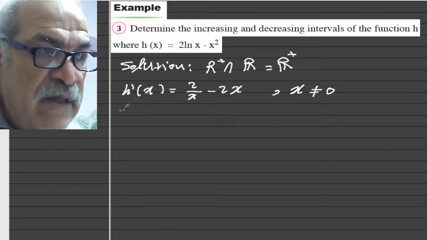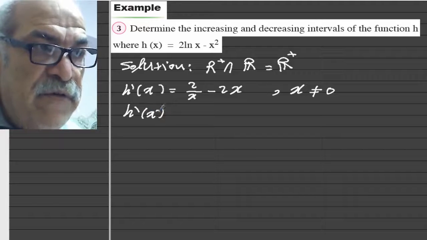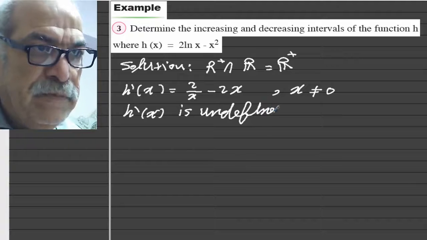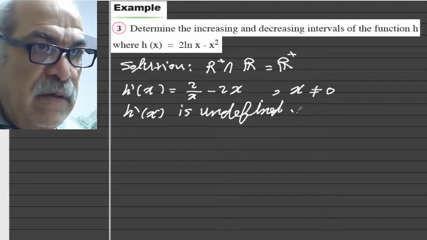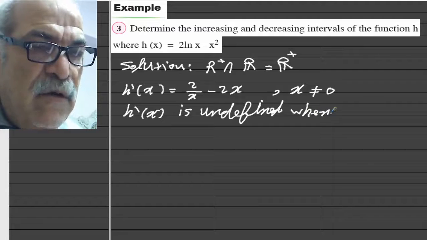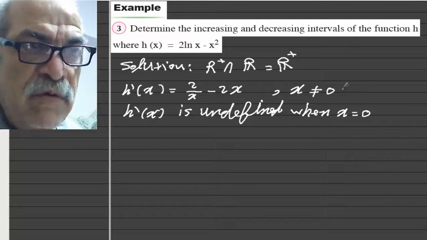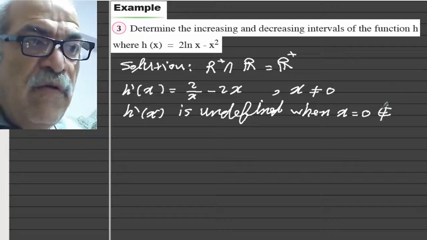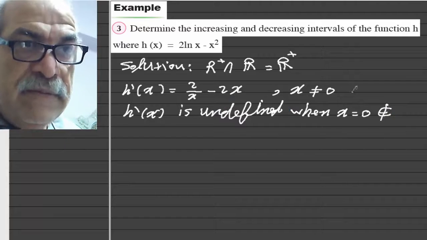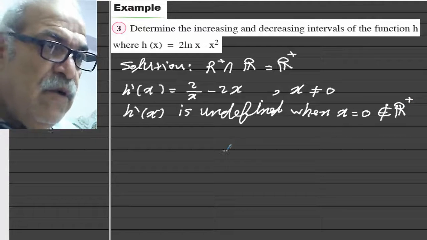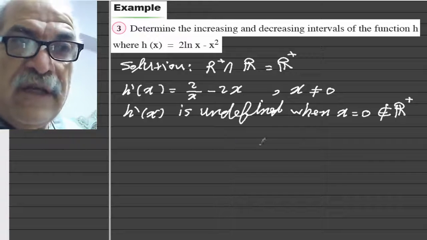And h dash of x here is undefined when x equals 0, and the number 0 doesn't belong to the domain of h of x, doesn't belong to R positive, right? Okay, so we will not check the sign about it.